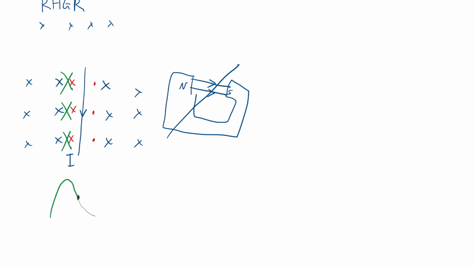So if you're in the middle, you're going to want to roll down the hill. You're going to want to go towards the side with the weaker magnetic field, which in this case is to the right. So this wire will experience a force to the right. Cool. So that was the full explanation.